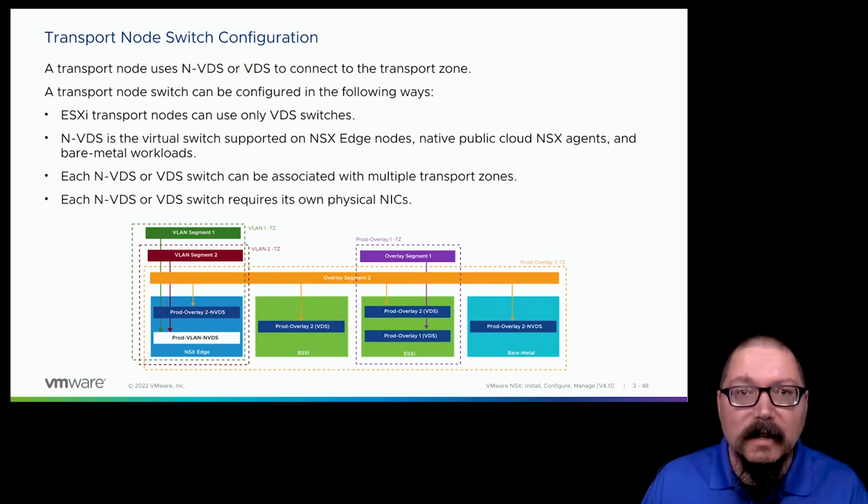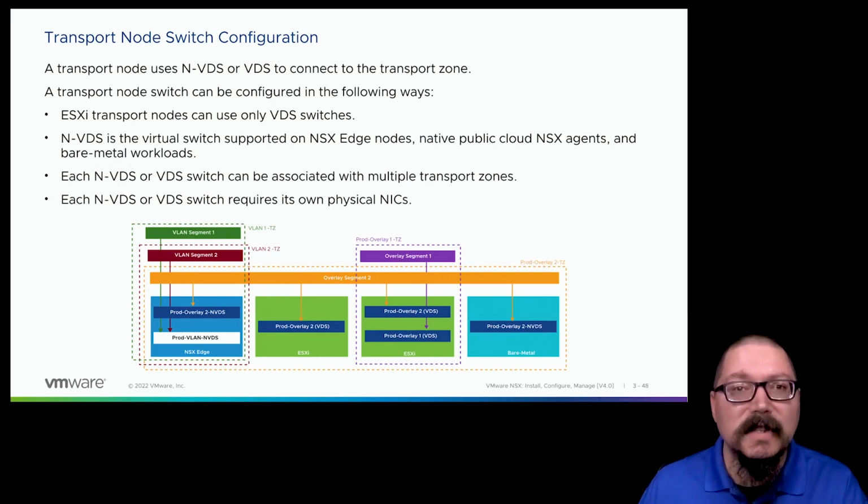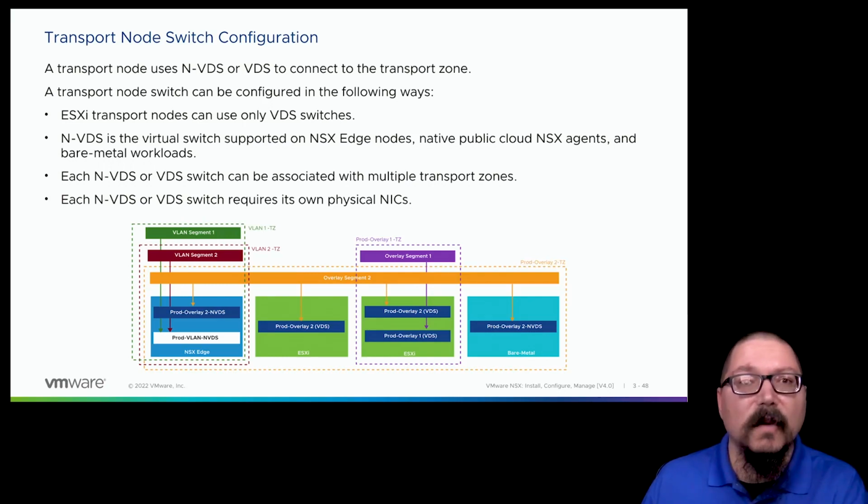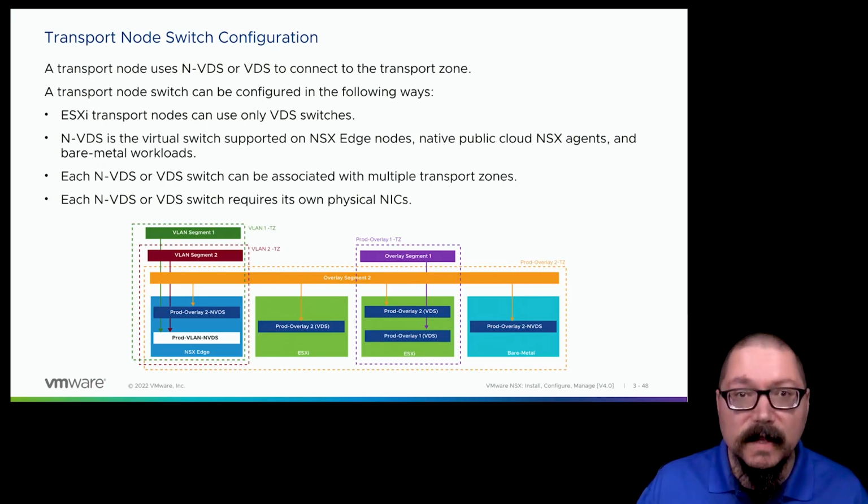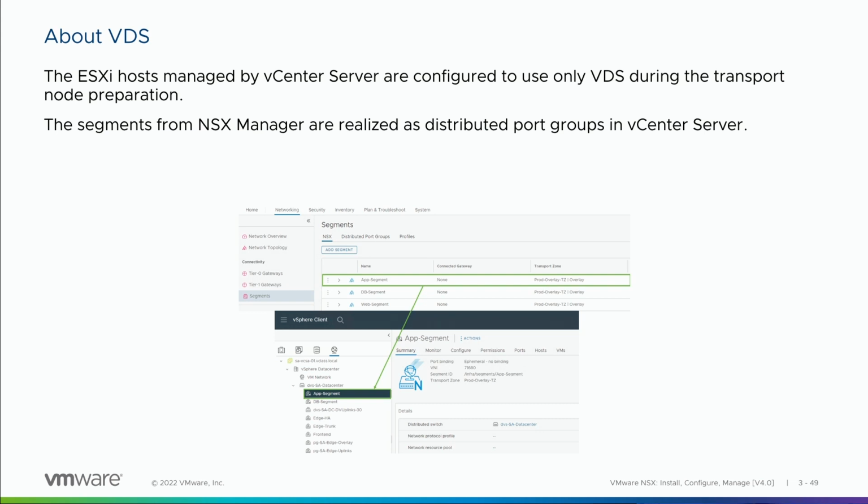Now, here we're showing that transport zone to virtual switch association, where we're going through and associating different virtual switches with different transport zones so that we can have different networking in different places. Now, we use a vSphere distributed switch for the host switch on ESXi. Simply because we've already got a vSphere distributed switch. We're already used to that. That's going to be something that is in our data centers today.